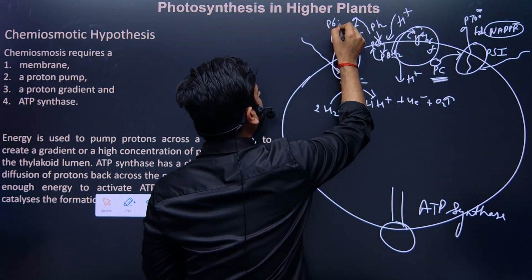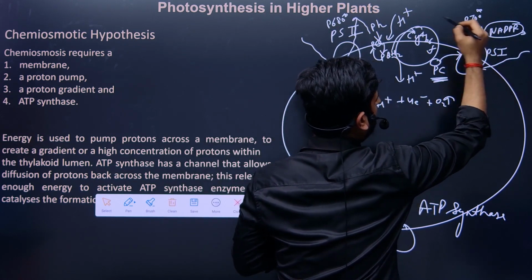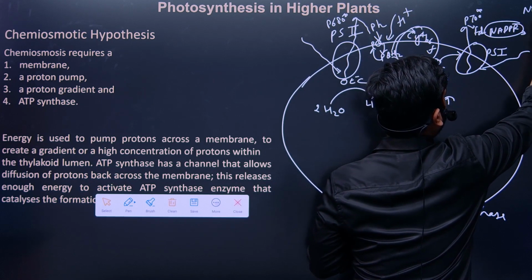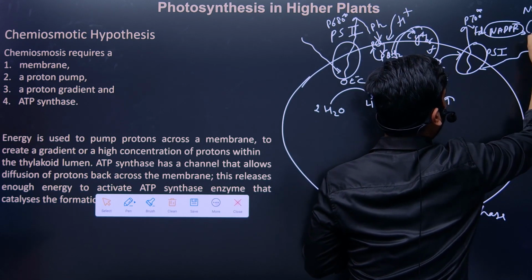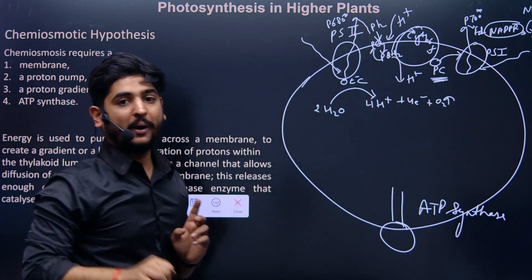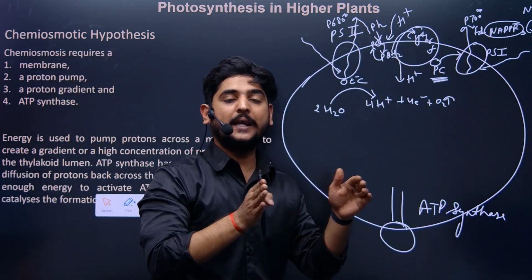This will reach P680 star. This will move to ferredoxin NADP reductase, and this enzyme will take NADP plus and H plus from the stroma and convert it into NADPH.